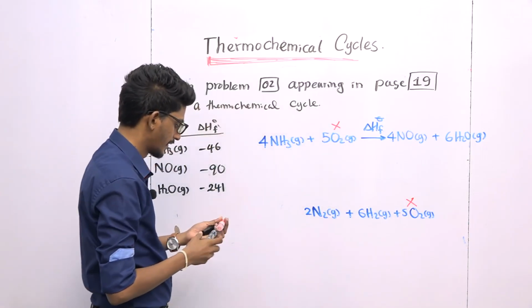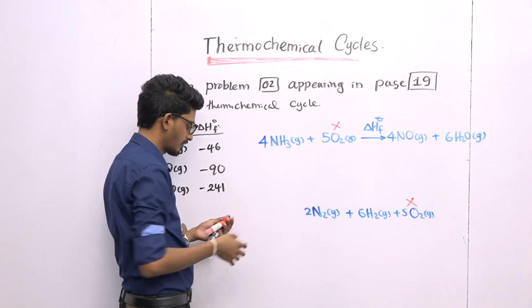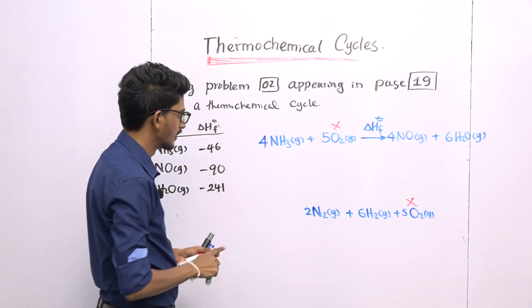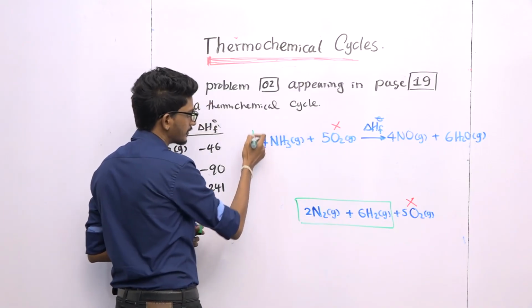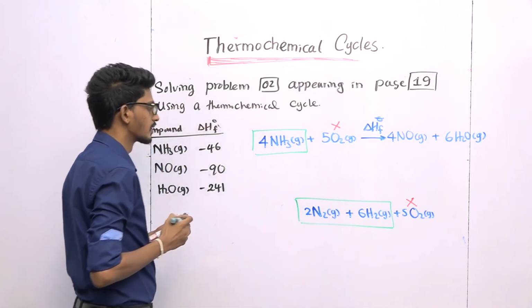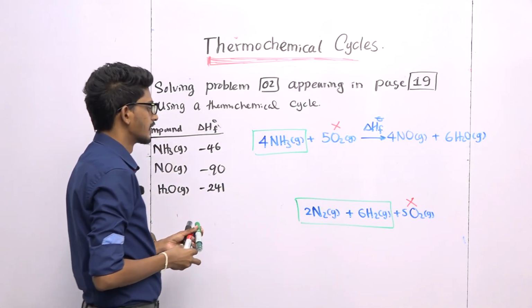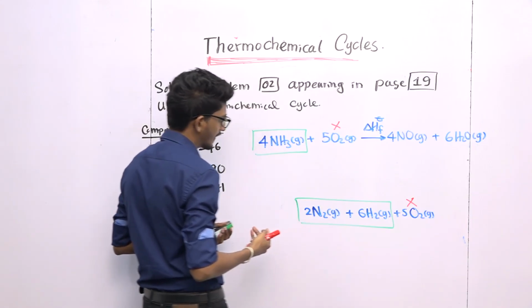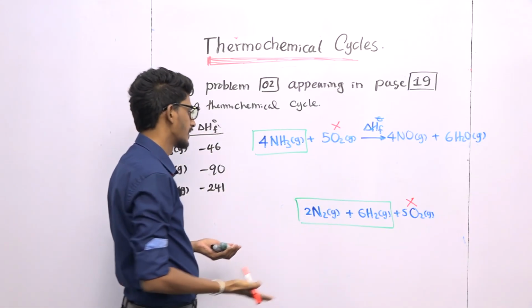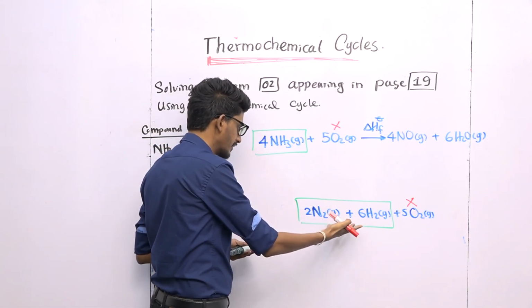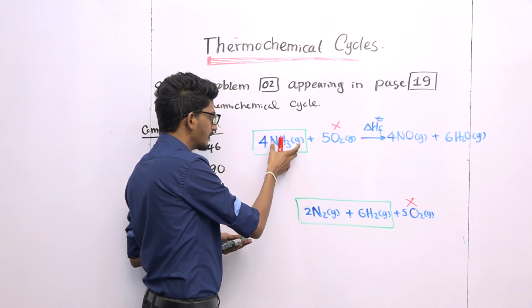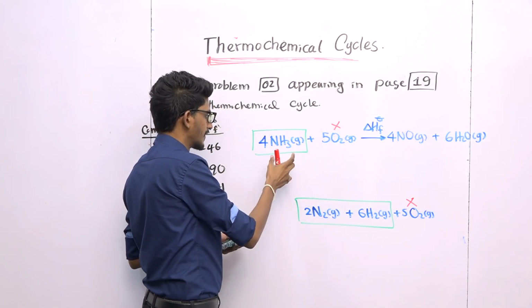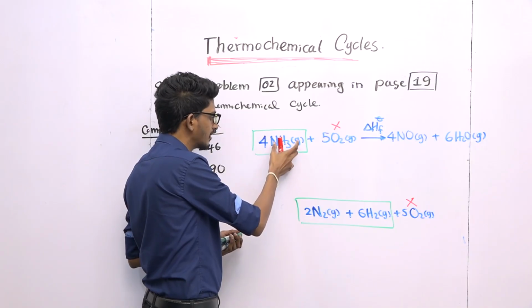So to convert this state to this state, what you need to do is convert these two to here. These are some of the reference states, and this is the compound with those reference states.